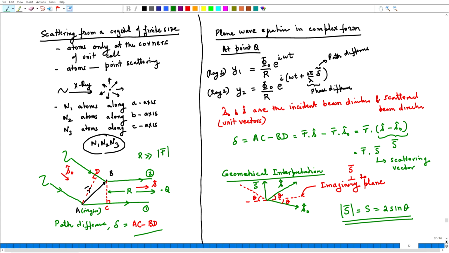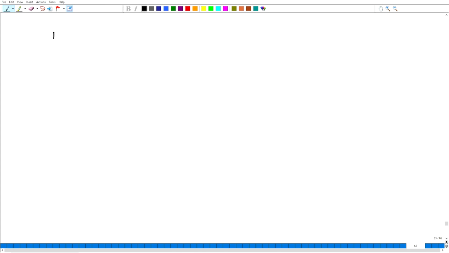Now, what I want to do is find the resultant by adding up all the scattered rays which meet at the point Q from all the scattering centers in the crystal. So, the resultant wave at point Q is the result of adding from all scattering centers.